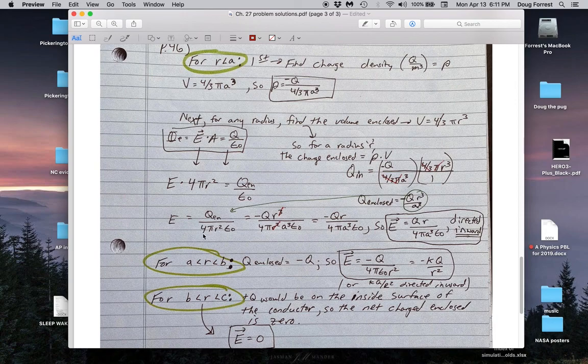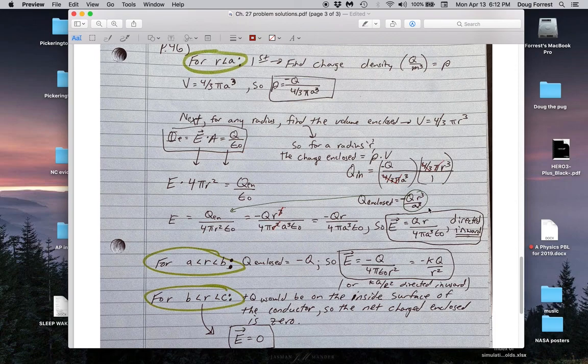This is the surface area. And by the way, the charge enclosed is negative q r cubed over a cubed. I should have drawn a line around that. This is the area, 4 pi r squared. Notice r cubed and r squared partially cancel out, so I get that as my electric field strength, directed inward.